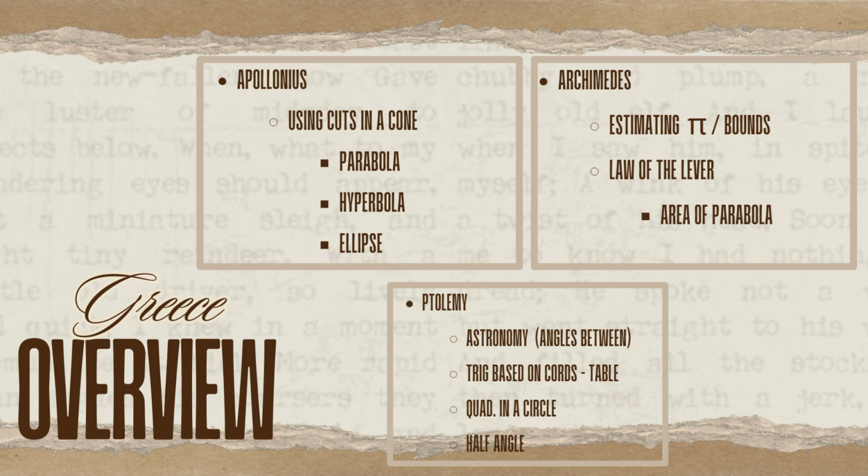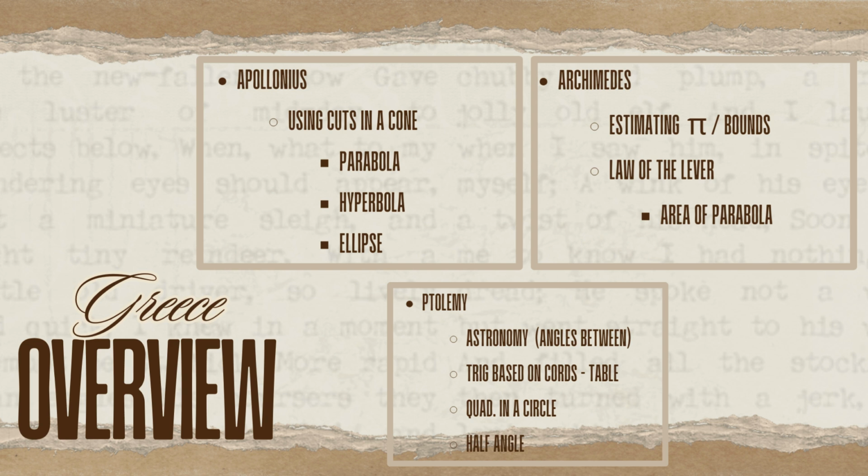And then also for Greece, Apollonius, is how I believe you say it. He used cuts in a cone to relate them to a parabola, hyperbola, and an ellipse. So he was a big guy on the conic sections and creating those. And he is the first one that created that idea. And then we see Archimedes, who estimated pi.